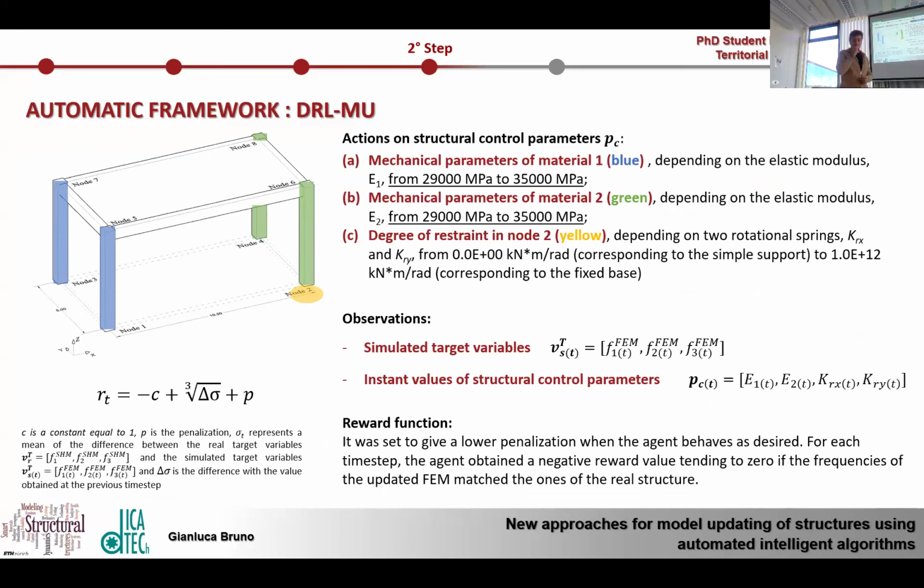So after that, I tested this framework on a three-dimensional dummy structure. In particular, I chose three uncertain parameters: the mechanical characteristics of the material of the columns in blue and the columns in green, by varying the elastic modulus, and the degree of rotational constraint in a node, with a rotational spring in this node.